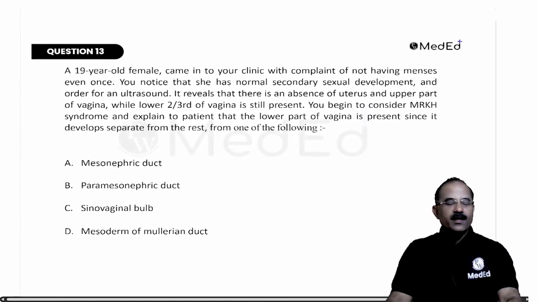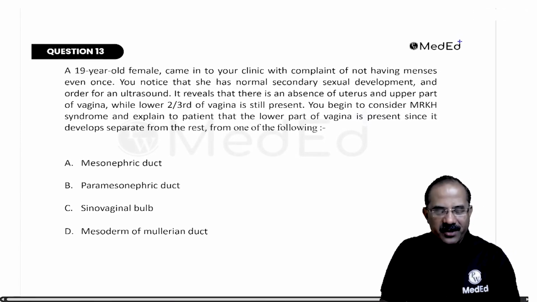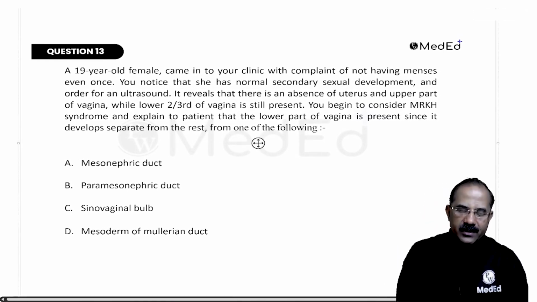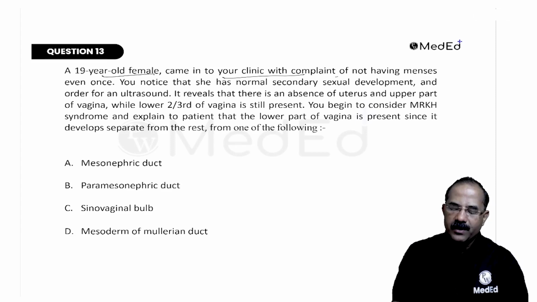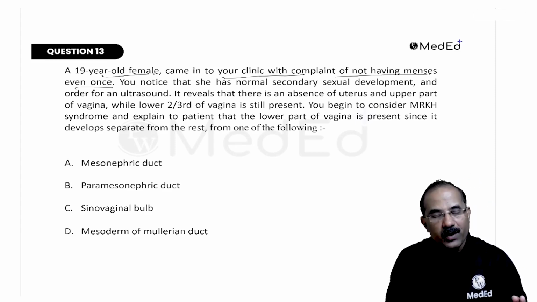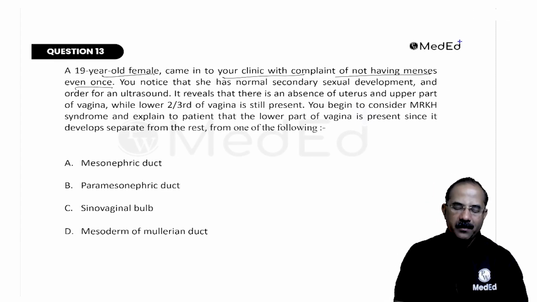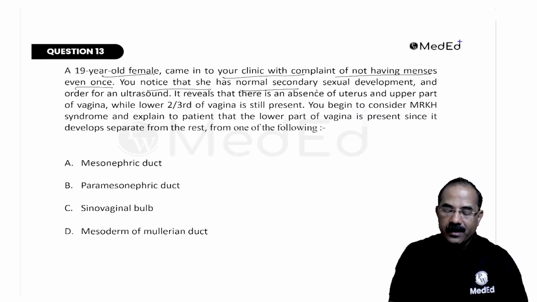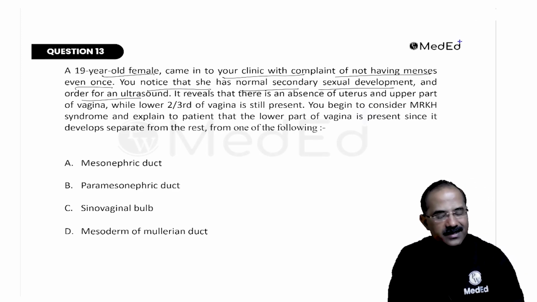Chalo, answer this. Another very important MCQ, children. A 19-year-old female came to your clinic with complaints of not having menses even once. So that is primary amenorrhea, right? You notice that she has normal secondary sexual development and order an ultrasound.